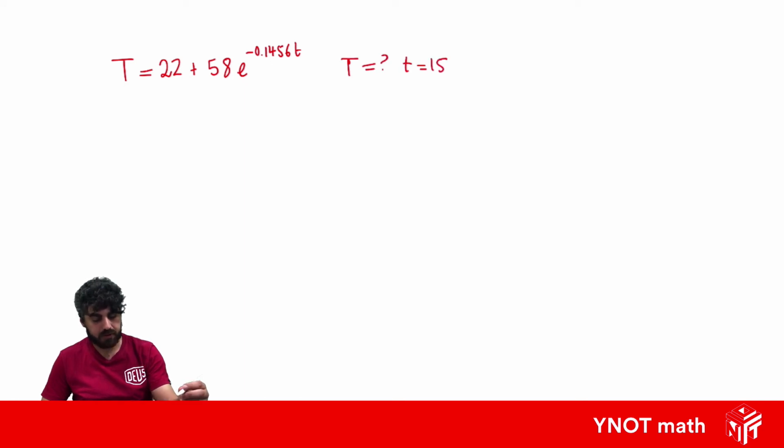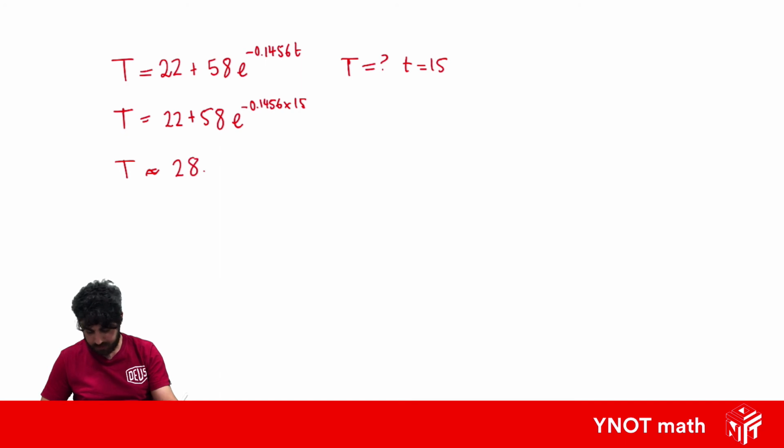So big T when little t was 15. So we can just go ahead and substitute little t for 15. So we get 22 plus 58 e to the minus 0.1456 times 15. And all of that can just go in the calculator, and you'll get a temperature of about 28.53 degrees Celsius. So after 15 minutes, that's expected to cool down to that temperature.